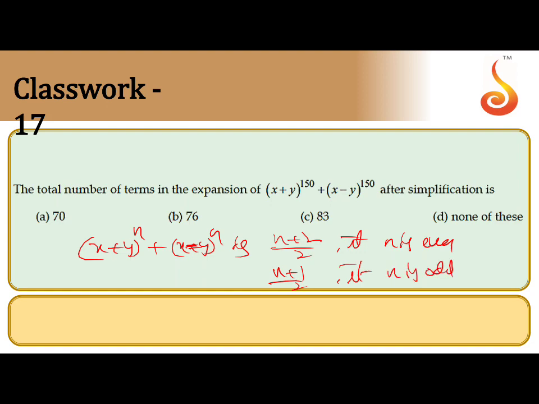This is the formula. Here n equals 150, so the number of terms is (n + 2)/2, which means (150 + 2)/2 = 152/2 = 76 terms. So this is the answer. I hope you got this one.